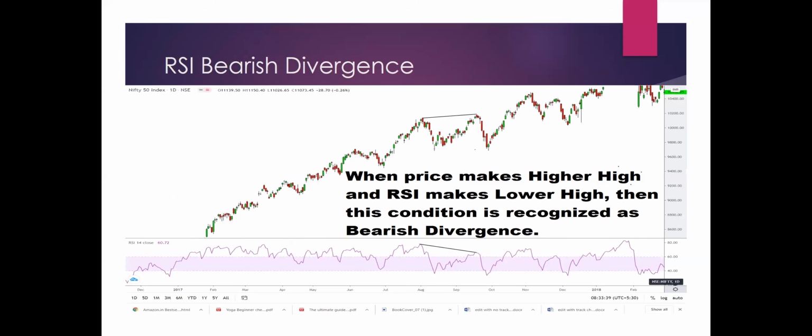The RSI bearish divergence is very simple. Whenever price makes a higher high and RSI makes a lower high, they call it bearish divergence, and they think it is weakness in the price. The traditional traders will advise to take a short trade in this case. So this is the traditional definition of RSI bearish divergence.